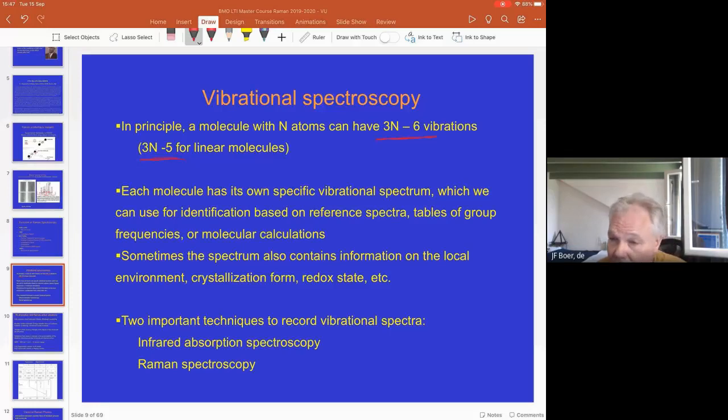We could also use a light source with a wavelength that matches directly to the vibrational level. And so then we would excite the vibrational level directly and not emit another photon. So that is the infrared absorption spectroscopy. And then the process I described is the Raman spectroscopy.